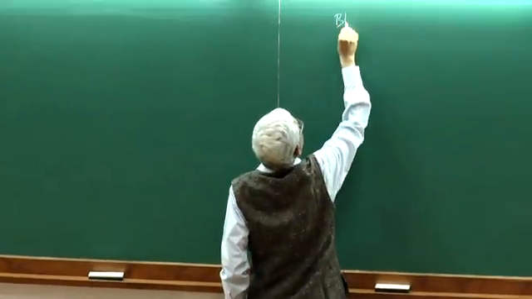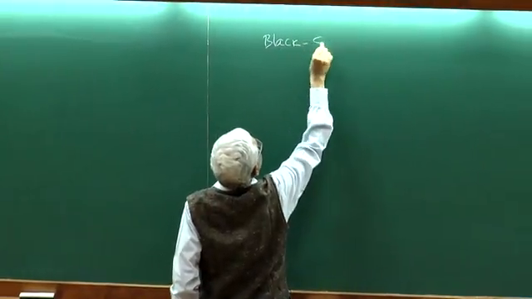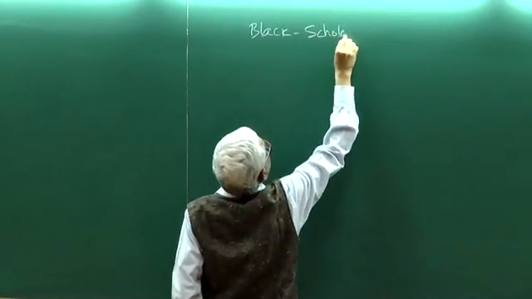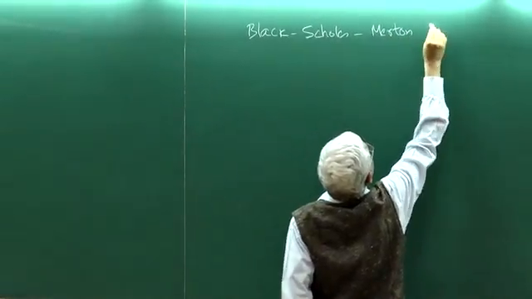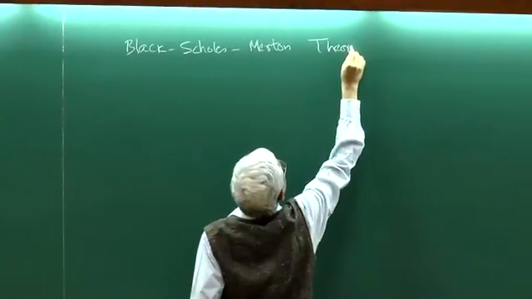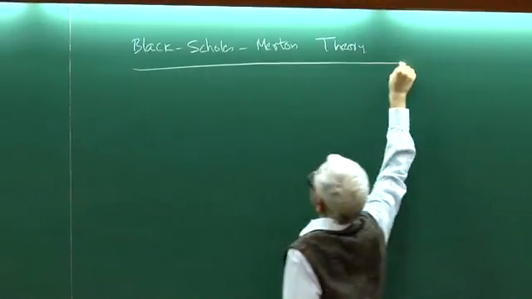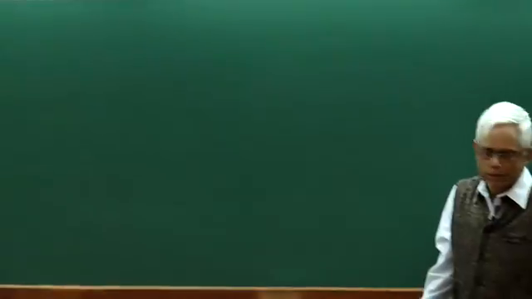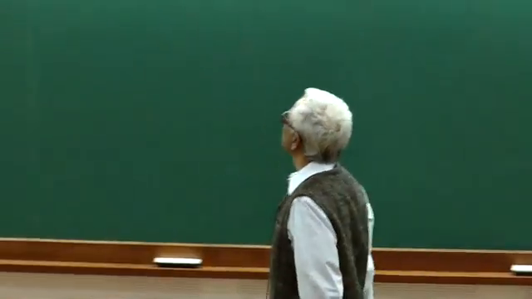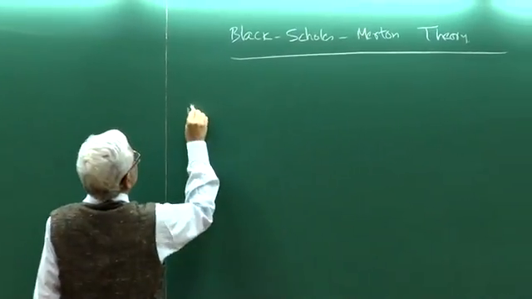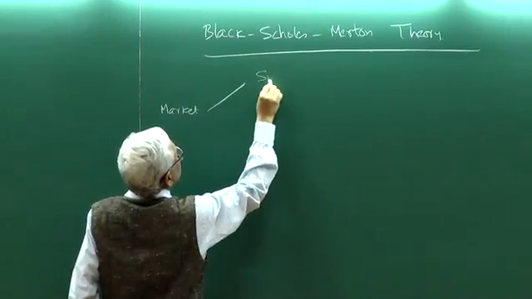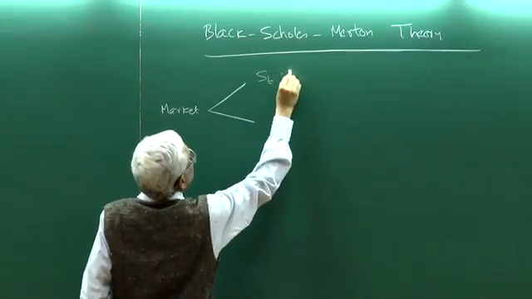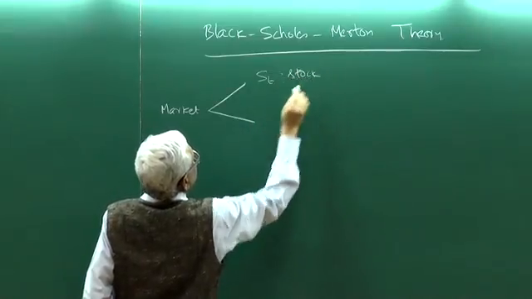So what we do is Black-Scholes theory. I would add the name Black-Scholes-Merton theory. So what is the market? The market has only two securities. This is a stock and this is a bond.